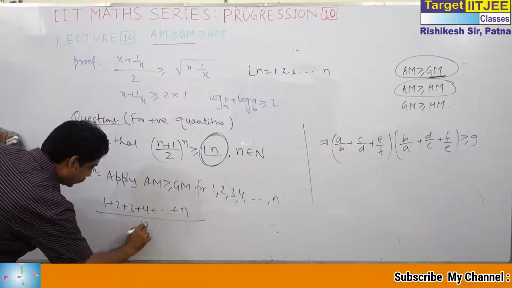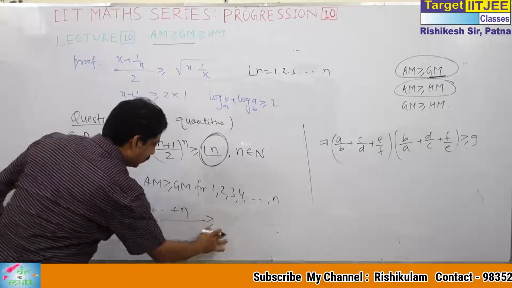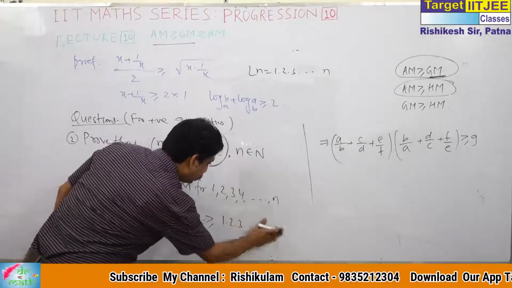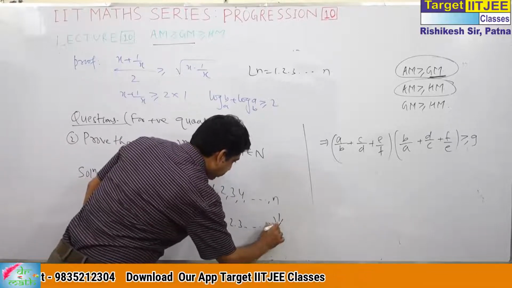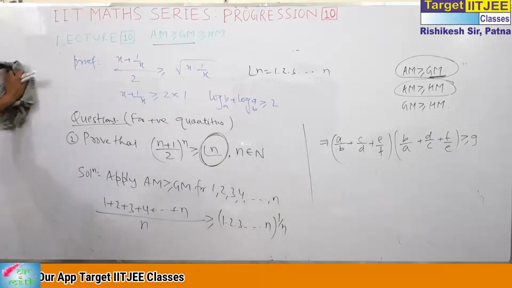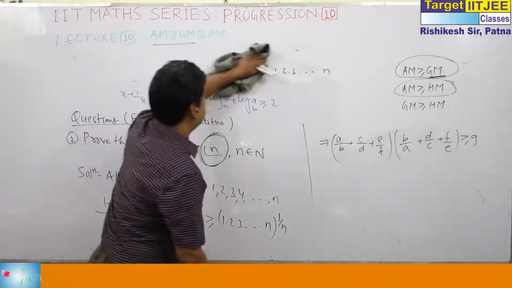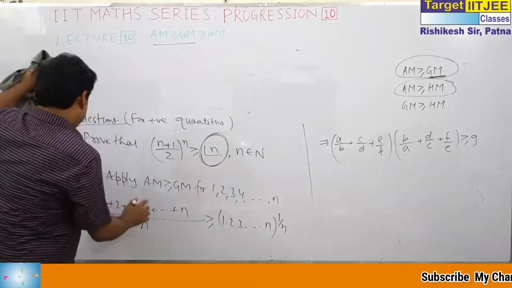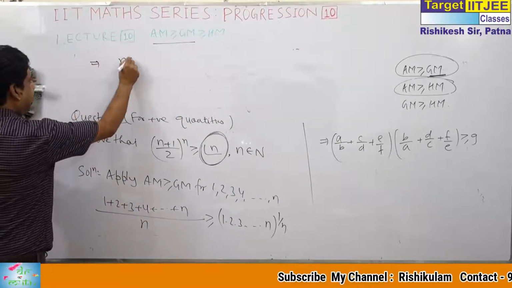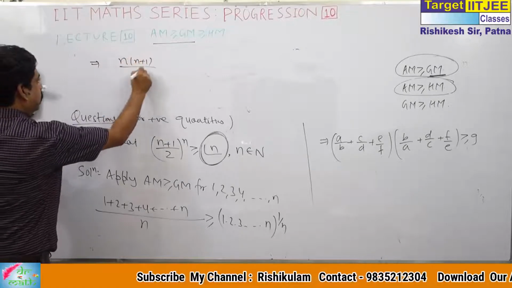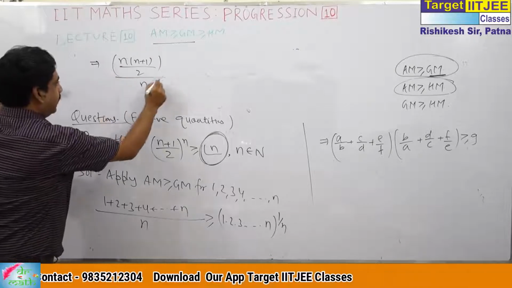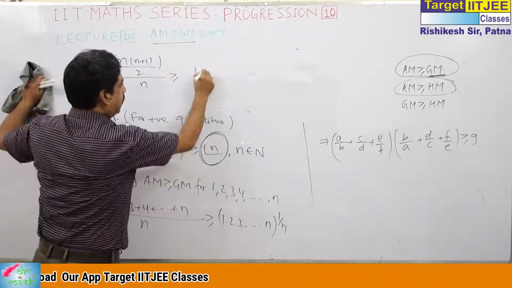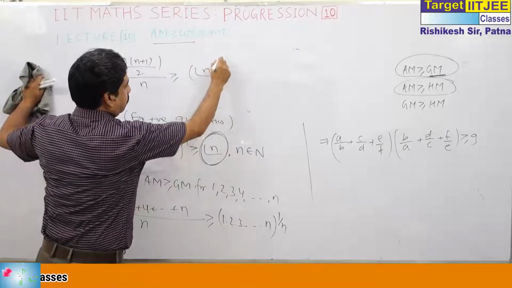Total n quantities, so divided by n, greater than or equal to 1 into 2 into 3 up to n to the power 1 by n. Let me write above. Now, you can do this. This is n into (n plus 1) by 2, first term plus last term multiplied by n by 2, divided by n. And this is the product, n factorial to the power 1 by n.